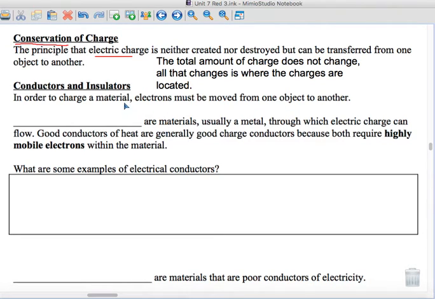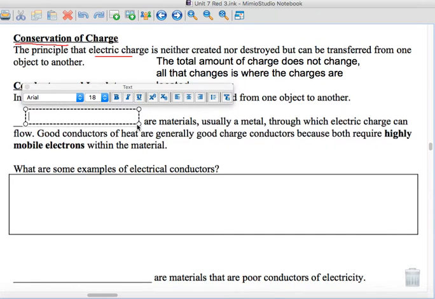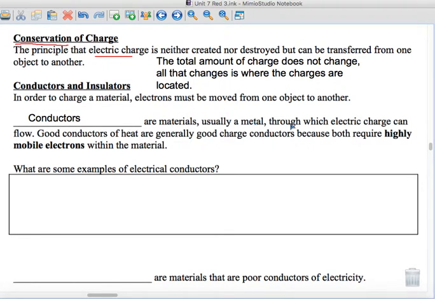And there are 2 types of materials as far as electric charge goes: conductors and insulators. Just like we had conductors and insulators in heat. In heat, a good conductor is something that allows heat or thermal energy to flow through it. So, for electricity, conductors are materials that allow electric charge to flow through it.